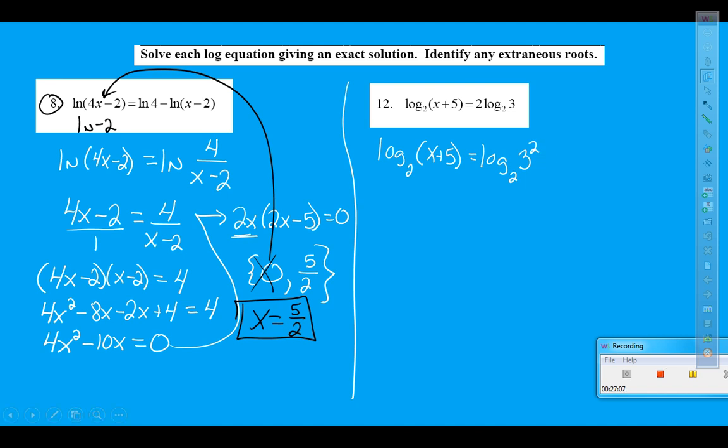So I move that squared up. So this really becomes x plus 5 equal 9. Subtract 5 and get 4. I looked up here and made sure I could use a 4 because 4 plus 5 is 9. I can take the log of 9.